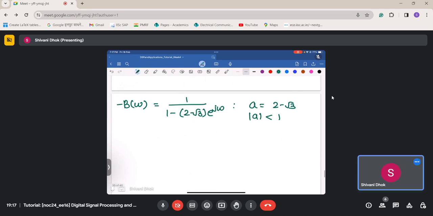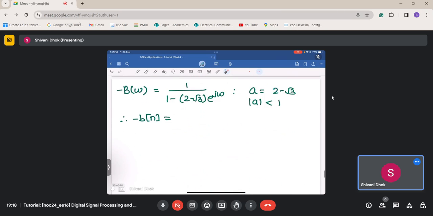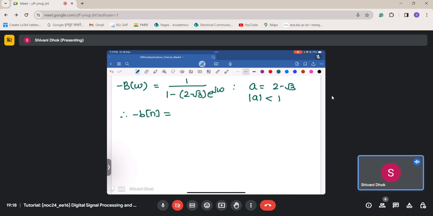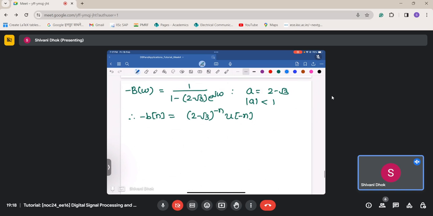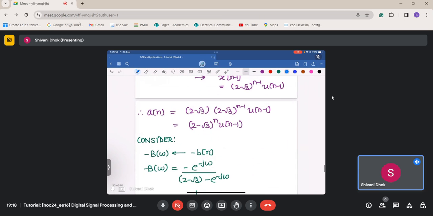So therefore minus b of n will be equal to this thing, a to the power minus n into u of minus n. So this thing here will be equal to 2 minus root 3 to the power minus n into u of minus n. So now what all things do we have? We have a of n and we have b of n.